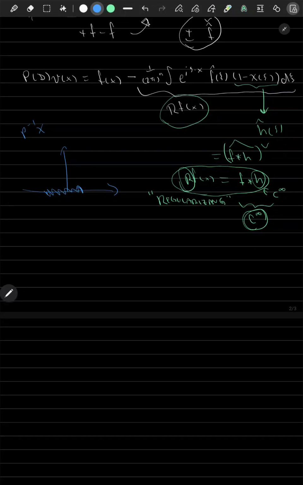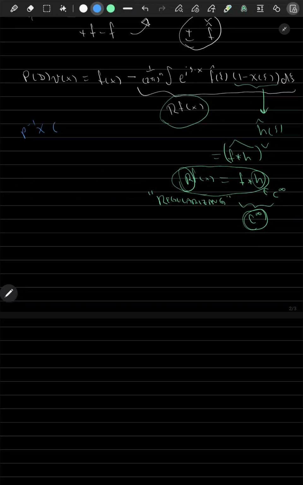And then as soon as chi is 1, so let's say it's 1 outside of here, something happens, whatever, it's bounded. And then outside of this, we have this polynomial decay. So that's what this looks like. Something like this.